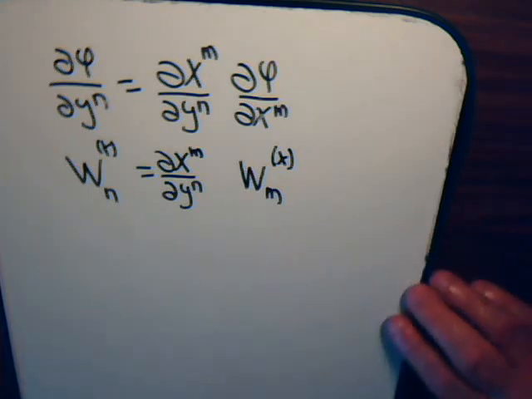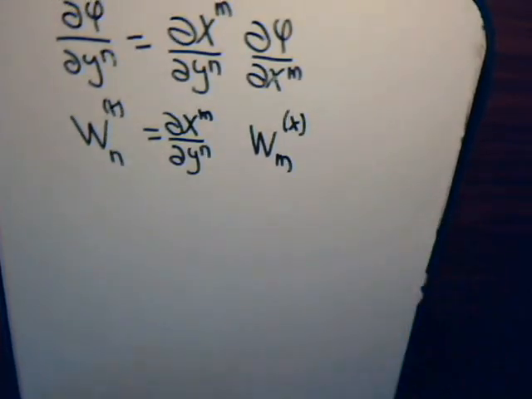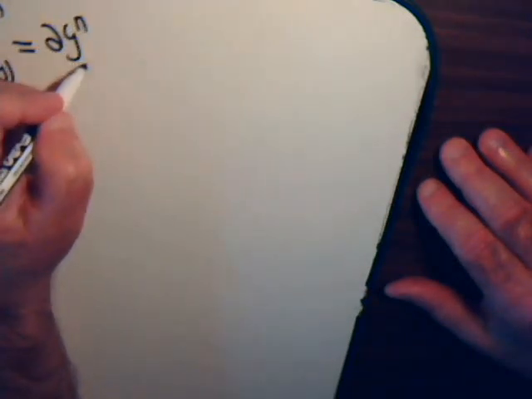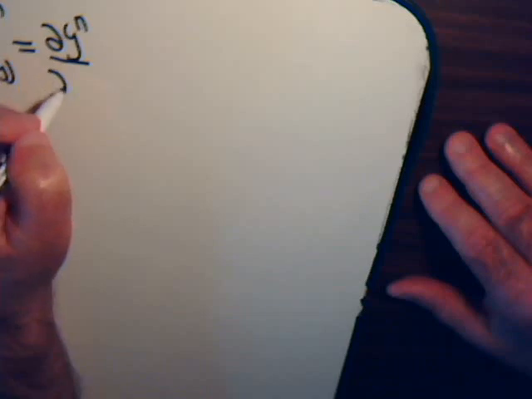So from the first two videos, we considered the basic properties of contravariant and covariant vectors. A contravariant vector in general would look like this and would have this type of transformation property.